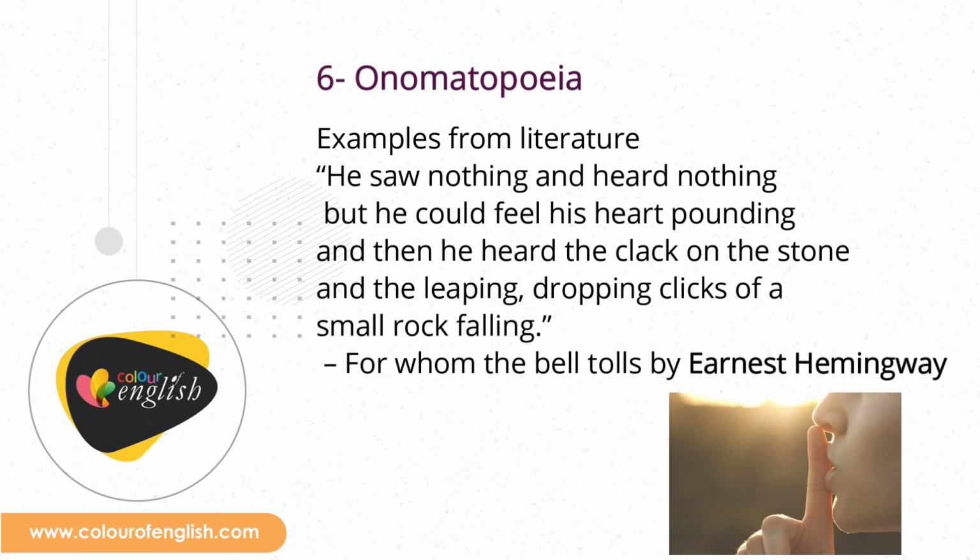So in this line it is said, he saw nothing and heard nothing. उसने ना तो कुछ देखा और ना ही कुछ सुना, but he could feel his heart pounding. Pounding here is a sound. It is a sound of heart. उसने अपने दिल की आवाज़ सुनी, that was the sound of his heart pounding.